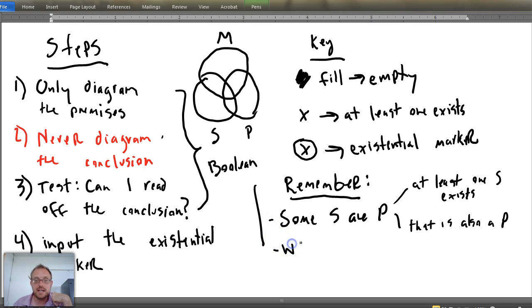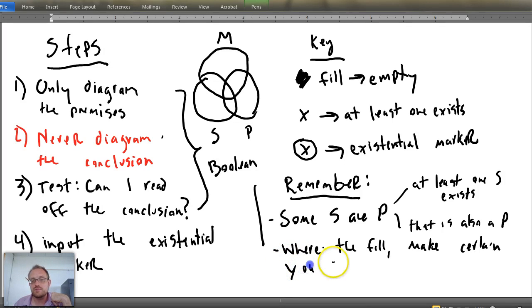Okay. Another thing to remember is wherever you shade or where the fill is, make certain you shade it, you fill completely.